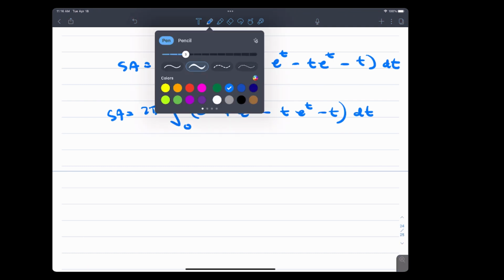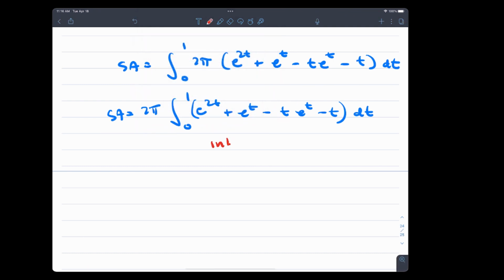And then this is where you're going to need to what? Integrate.